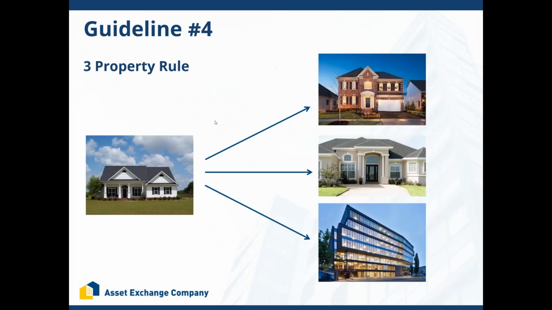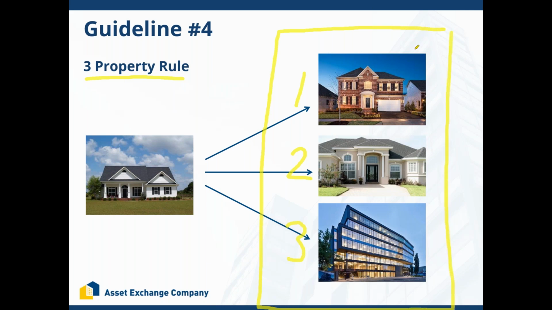There are two options to fill out this letter. Option number one is to use what we call the 3-property rule. And guess what? With the 3-property rule, ladies and gentlemen, you get to put 3 properties on your letter. Now, the problem with identification is that once you submit your letter on day 45, you are now locked into buying something from that list.